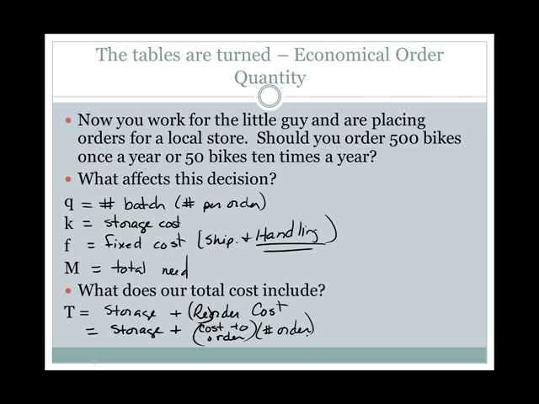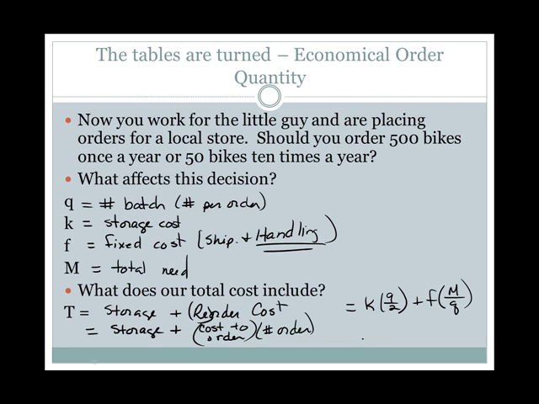You're still going to be paying for the item, so the cost of the item doesn't play into this at all, because you're going to pay that whether you order them all at once or not. Now certainly if you get a discount for ordering in bulk, you have to create that model and look at it differently. When you plug in for this, your storage is still the K Q over 2, and then your cost to reorder is your F, and the number of orders would be your total divided by the size of the batch.